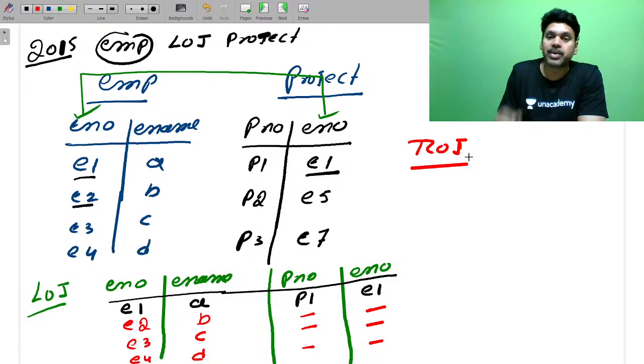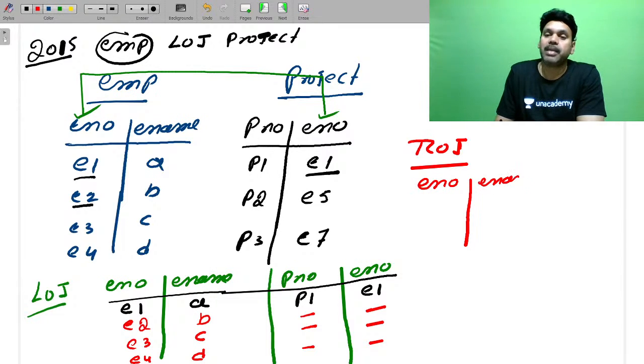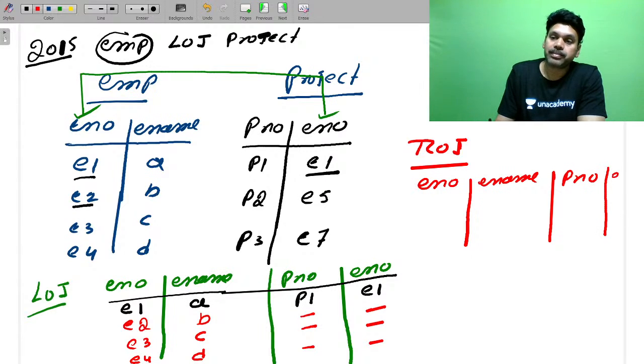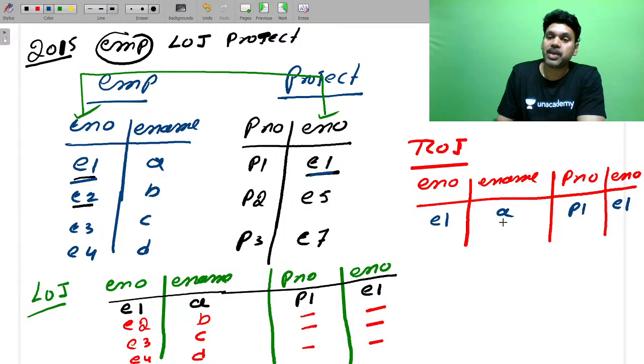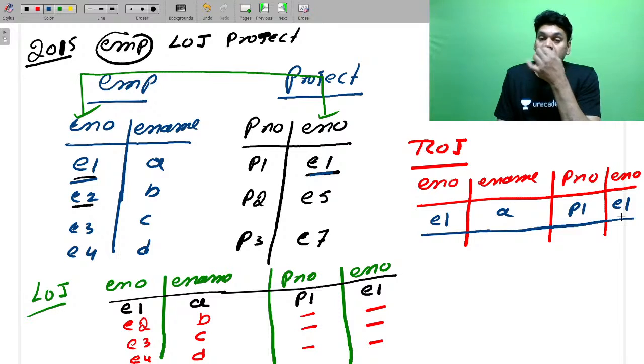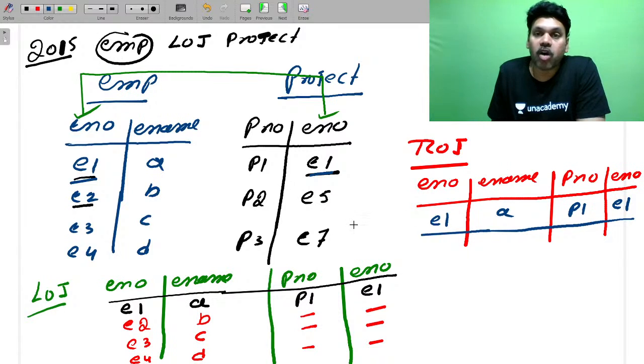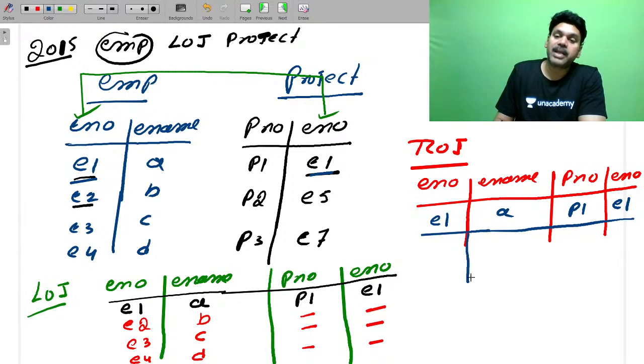first common only we will take: employee number, then employee name, then project number, then employee number. So how many guys are working in the project? We know that E1 is matched, so he is working in project 1, A, P1 by name E1. Now I'm asking how many projects do not have any mappings? That's what the second outer join means.